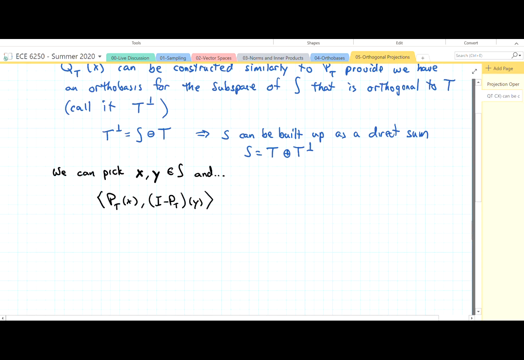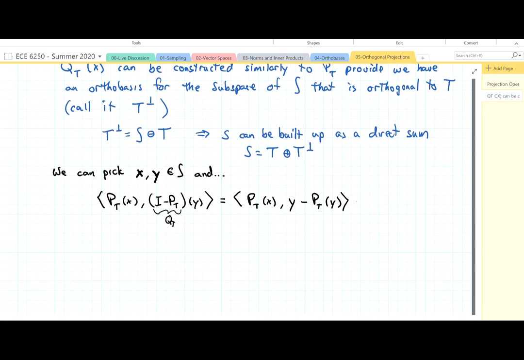So this is our Qt operator right there. But that's just equal to, once again, the projection of x onto T with y minus the projection of y onto T. So what's going on here?